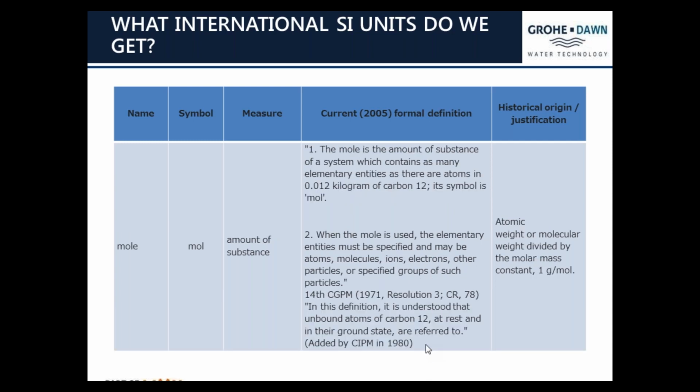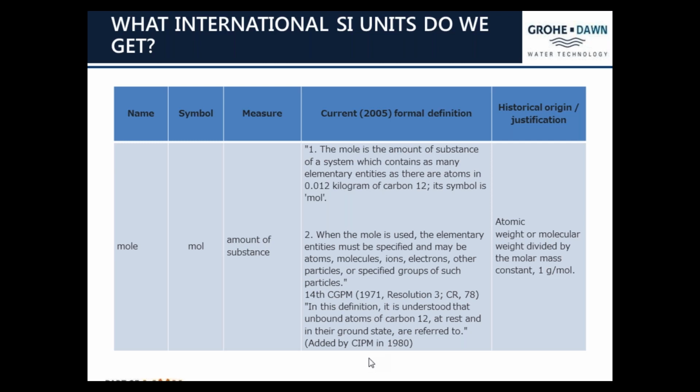Okay. The mole is the amount of a substance. That's your measurable. The symbol is small lowercase mol. The very last column is the atomic weight or molecular weight divided by the molar mass constant.